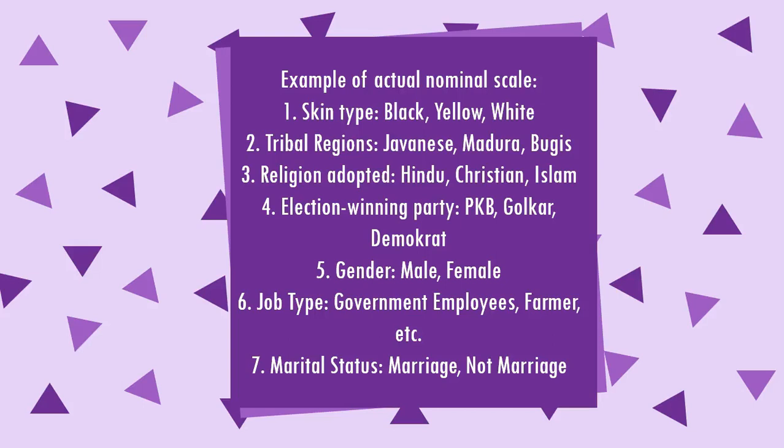Election winning party such as PKB, Golkar, Demokrat. 5. Gender, male or female. 6. Job type such as government employees, farmer, etc. And 7. Marital status, married or not married.